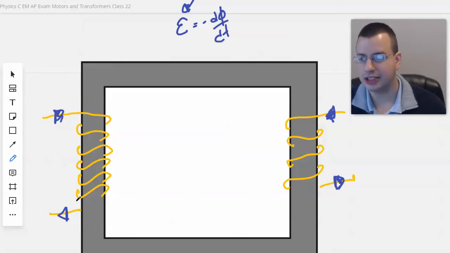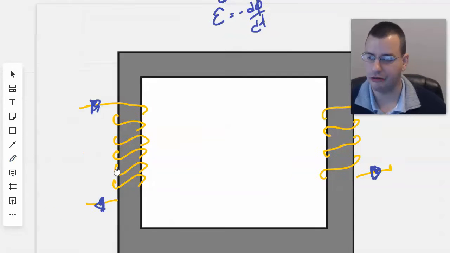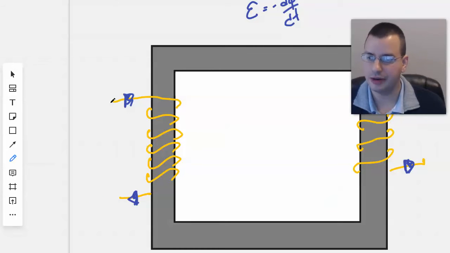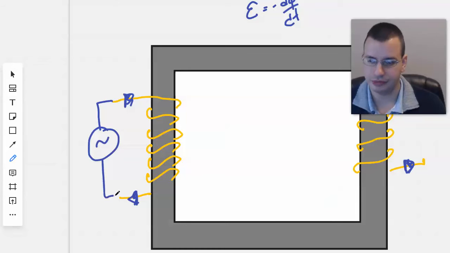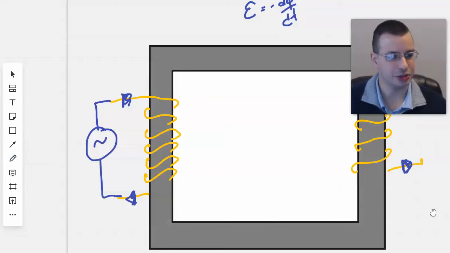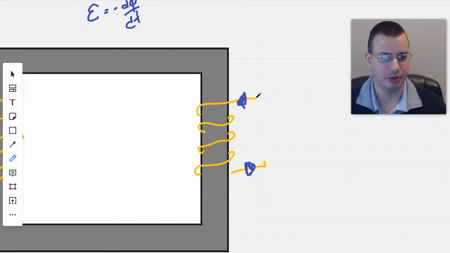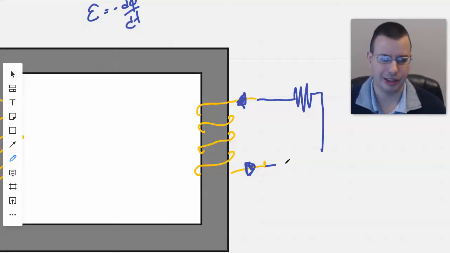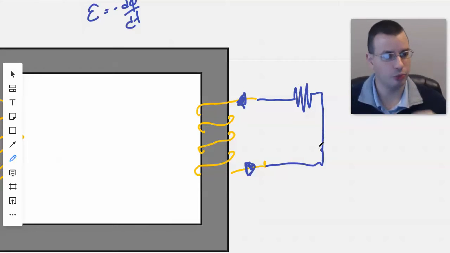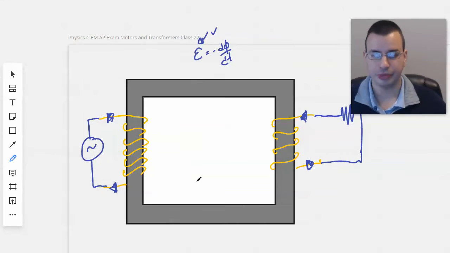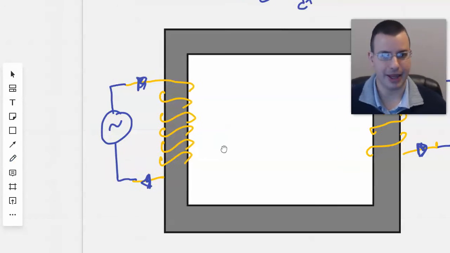Well, let's say that this side over here is driven by some sort of AC electrical source. And there's no AC electrical source on this one. There's just, I don't know, a light bulb. So the idea here is you have an electromagnet.